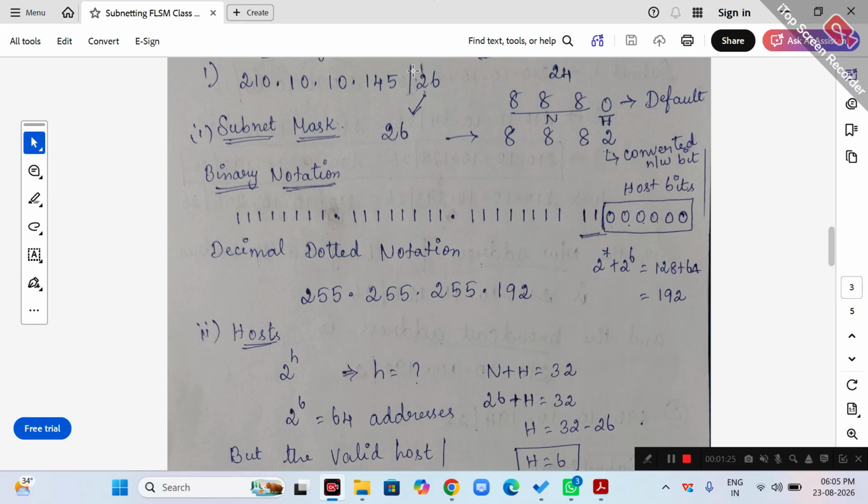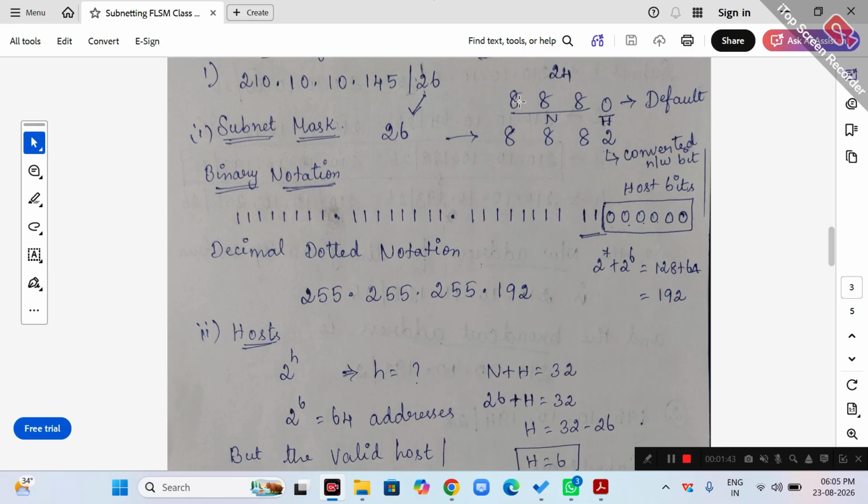But here we are using the subnetting concept. So the host bits, 8 bits, are converted so that the network bits become 26.